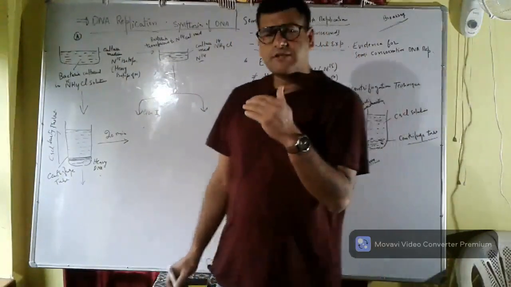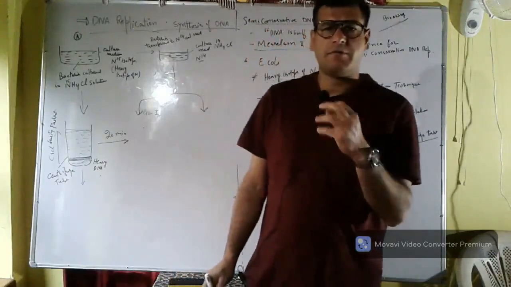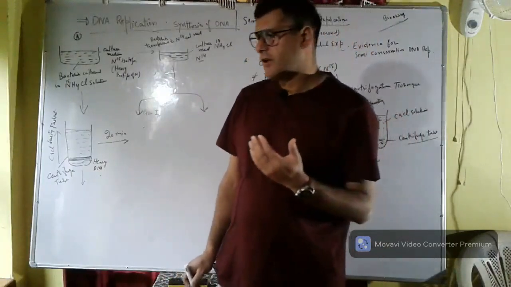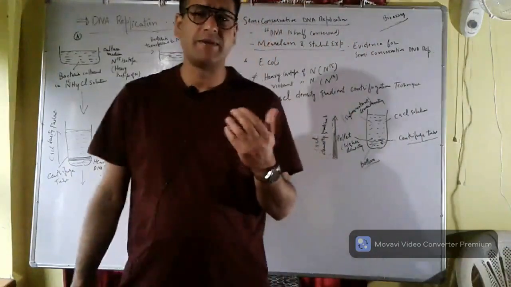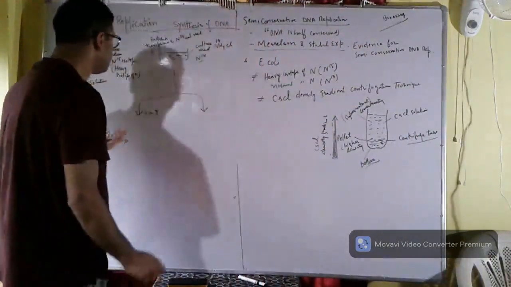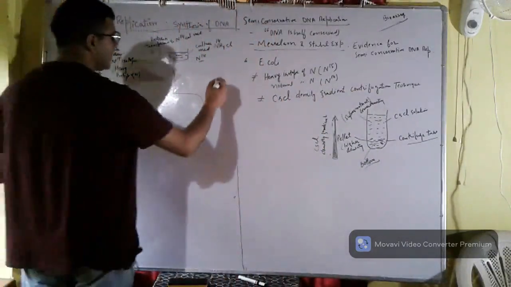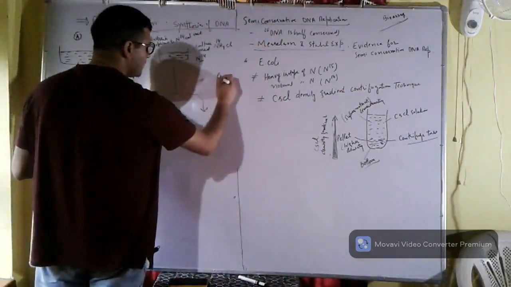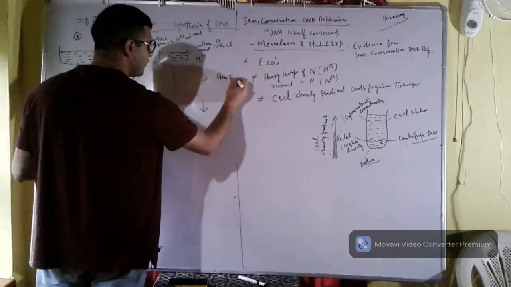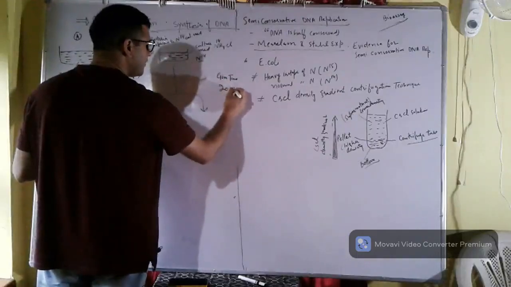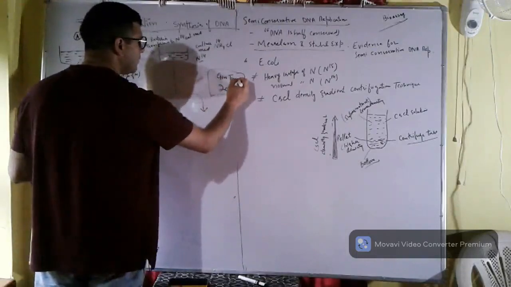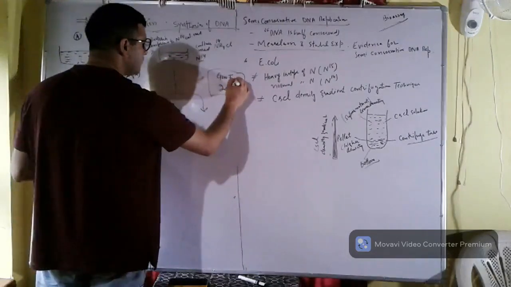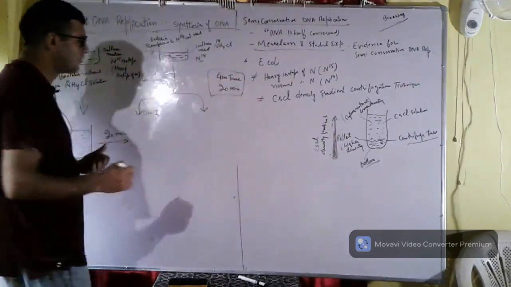This generation time is the time when the bacterial cell divides, and that means its DNA replicates once. The generation time for E. coli is 20 minutes.